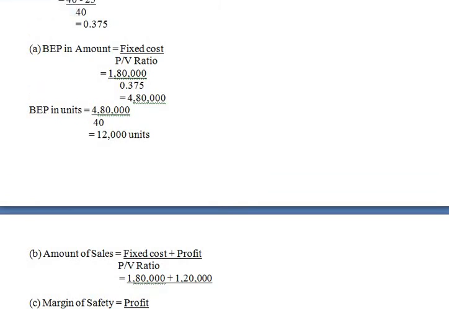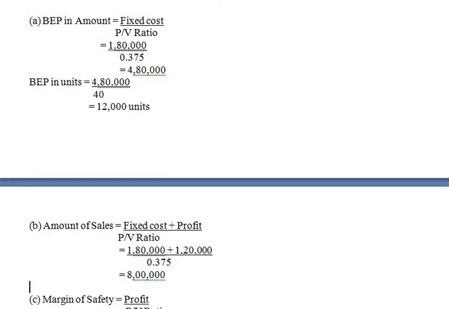Okay, now PV ratio already we have calculated, 0.375. Okay, so that is equals to 8 lakhs.